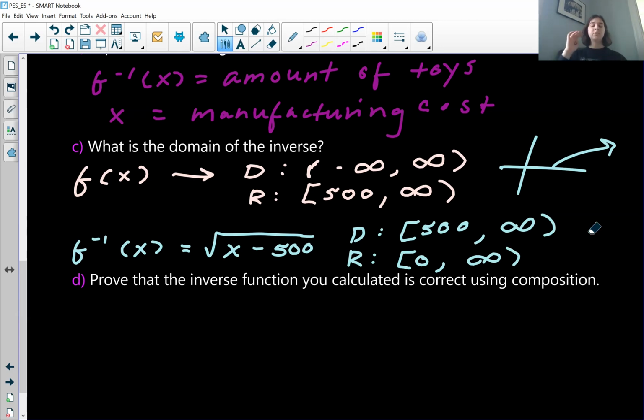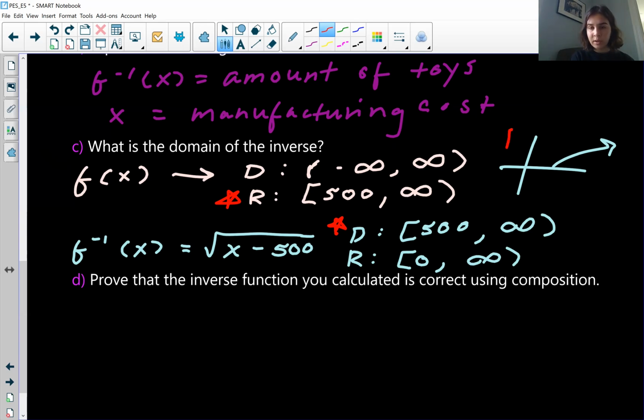Okay, and then now we just compare the two. The domain right here seems to line up with the range over here, but the domain of the first one does not align with the range of the second one, which we don't want. And here's the reason.